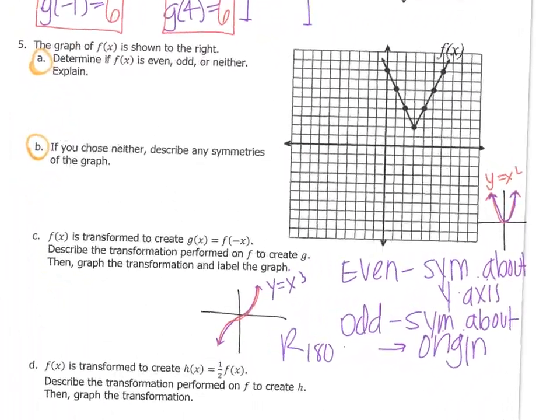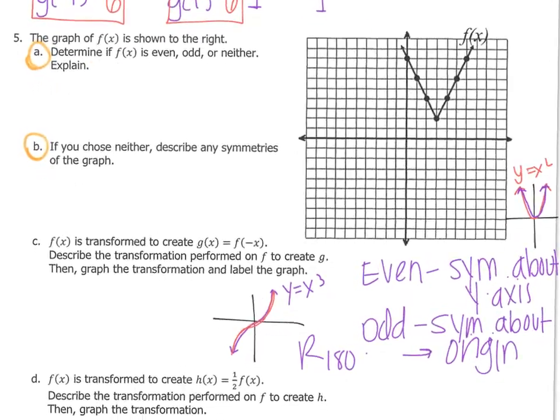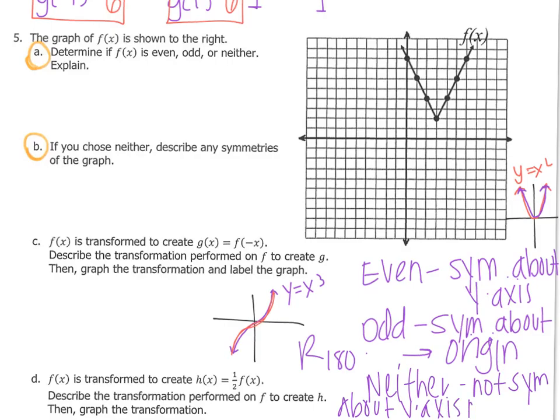Now, if you have a function that is not symmetric about the y-axis, nor is it symmetric about the origin, then it's called neither, or neither, however you say it. Tomato, tomato, I suppose. Neither means that it's not symmetric about the y-axis, nor the origin.